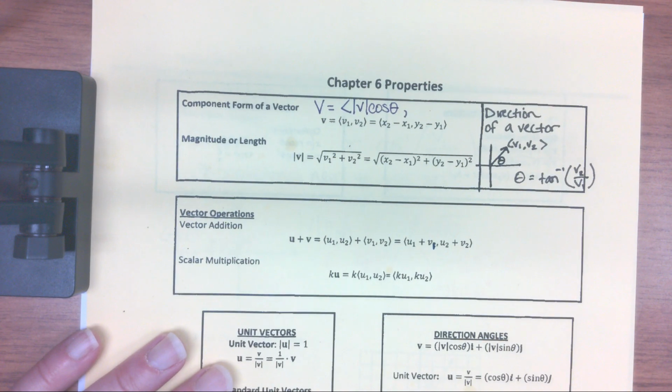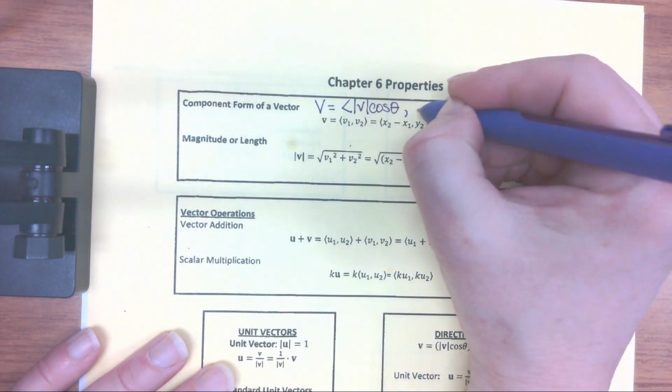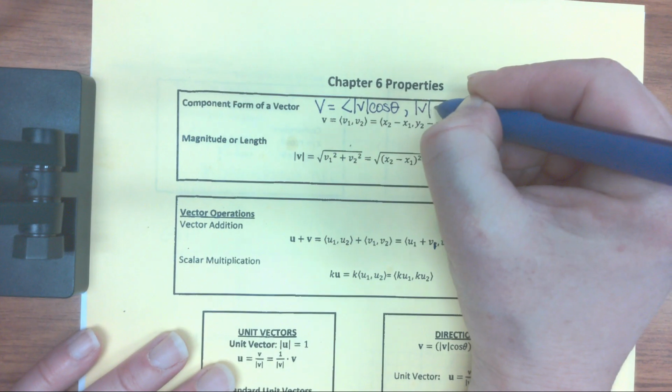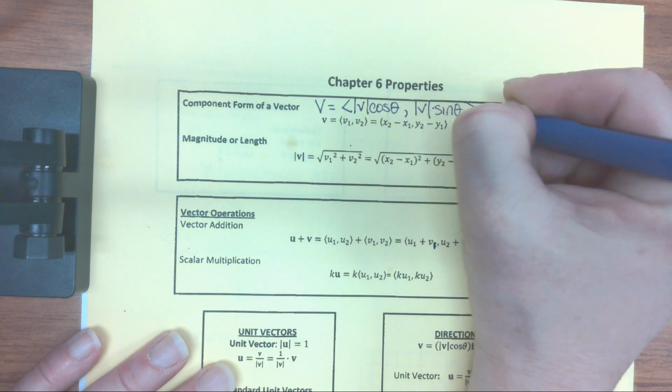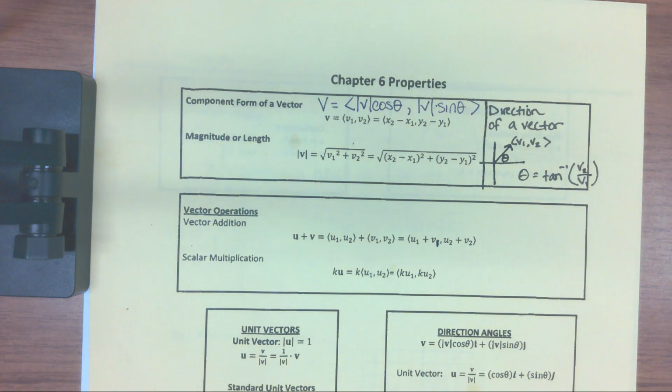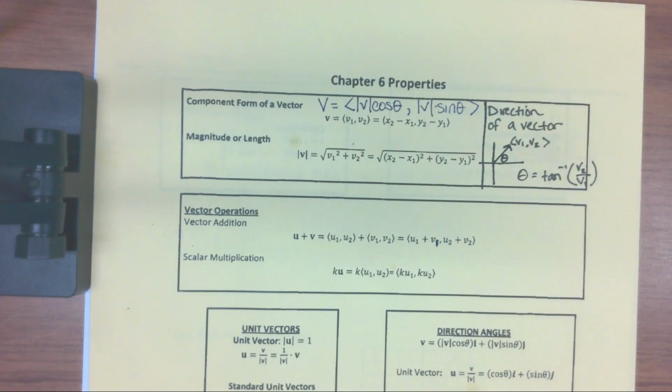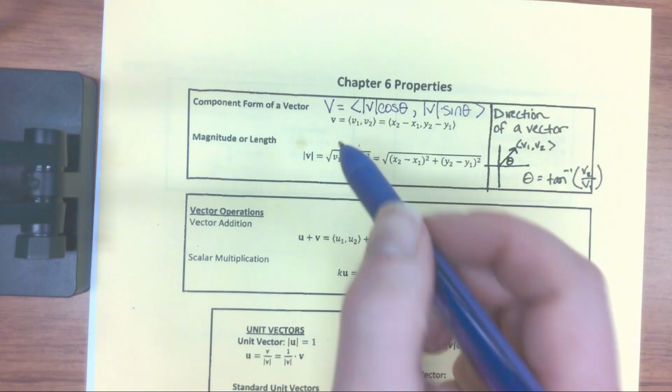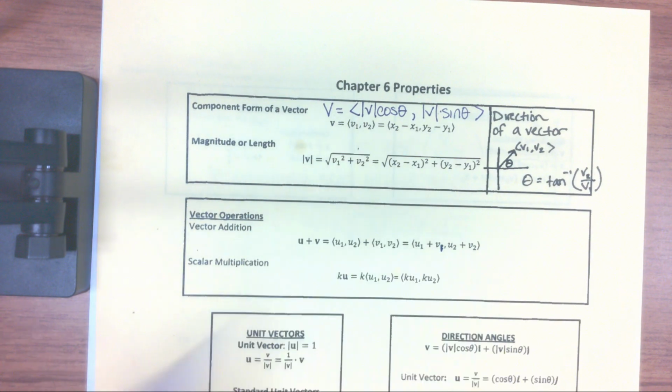And the second, you take the magnitude and you multiply by the sine of the angle. If you go back and think of SOHCAHTOA, you're basically using the SOHCAHTOA ratio to find the x coordinate and the y coordinate. Right, so you're going to want to add that component form formula also to your formula sheet.